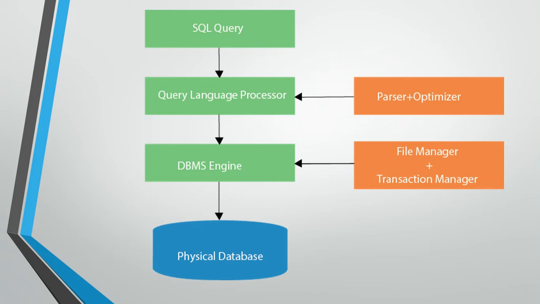Then it optimizes the query, then gives it to the DBMS engine. The file manager and the transaction manager does the remaining job, and it fetches the data from the database. Then the fetched data is given back to the application. So this is how an SQL query works in your computer.